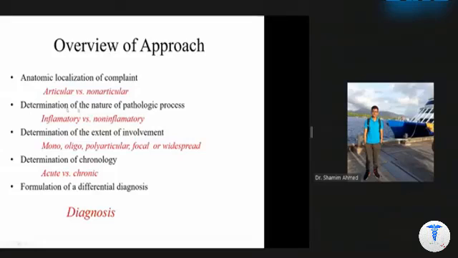And second is determination of the nature of the pathological process, whether this is inflammatory pain or mechanical or non-inflammatory pain, and the extent of involvement, that is whether it is monoarticular, oligoarticular, polyarticular, focal, or widespread, and determination of the chronology of the joint pain, whether it is acute onset, that is less than 6 weeks, or chronic onset, more than 6 weeks, and formulation of a differential diagnosis. From the differential diagnosis, we should reach a definite diagnosis to start treatment as early as possible.